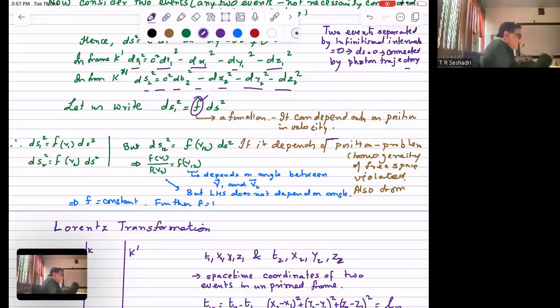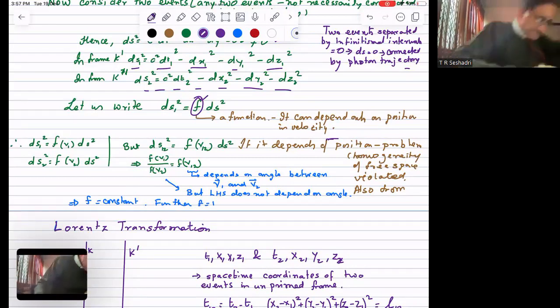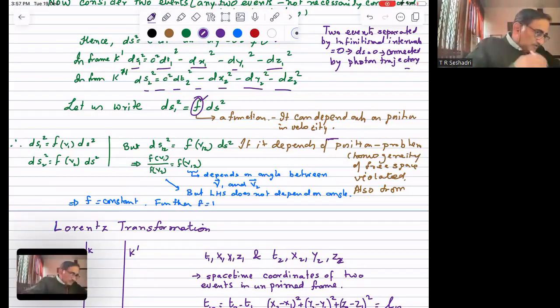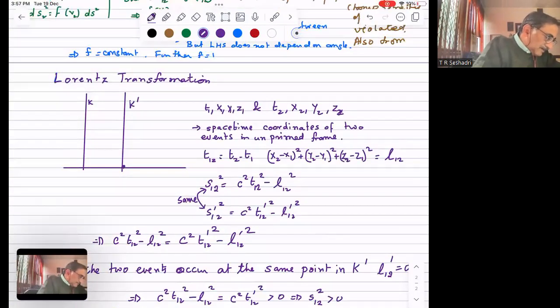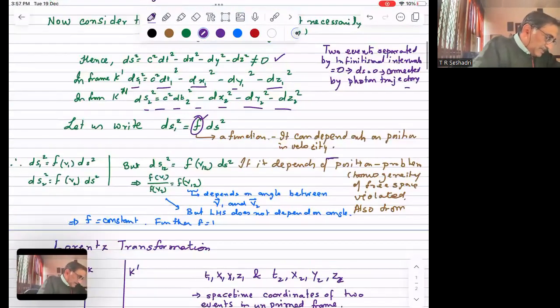Now suppose you have three frames: the unprimed frame, then frame number 1 and frame number 2.